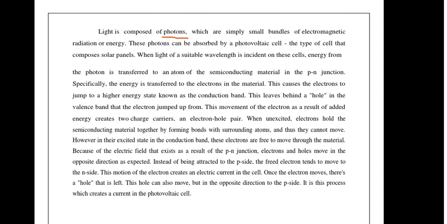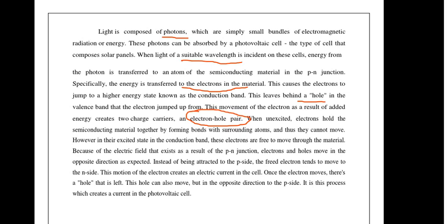When light of a certain wavelength is incident on the solar panels, which consist of cells, that energy can be absorbed by the semiconducting material, and the energy is transferred to an electron in the material, which in turn leaves a hole. So an electron-hole pair is formed, as I said. Whatever I have said is explained descriptively here.